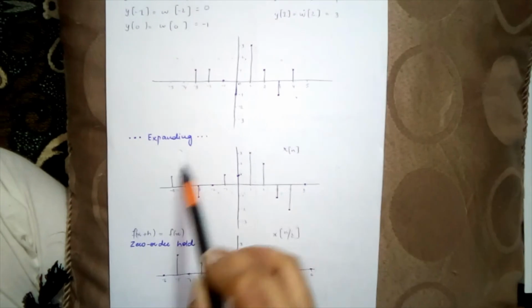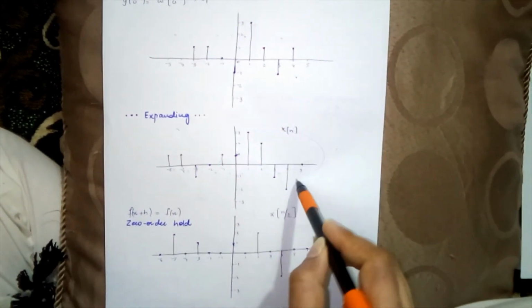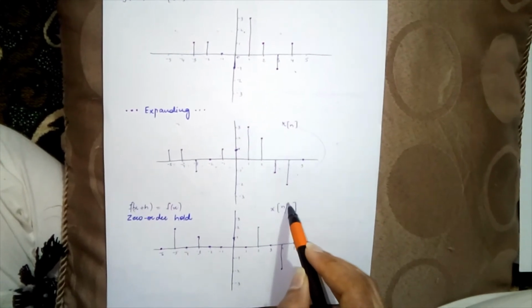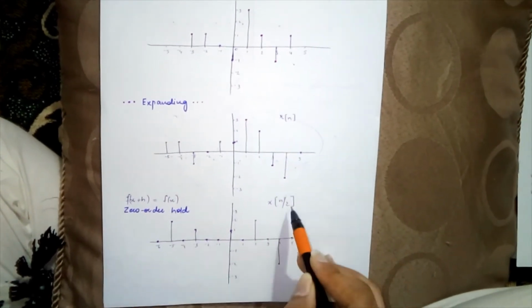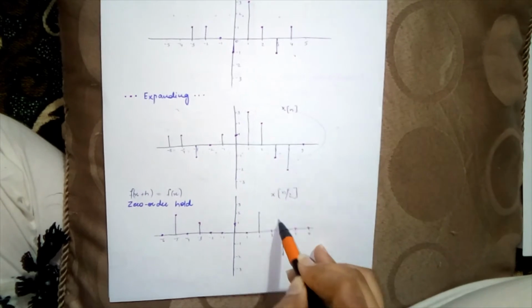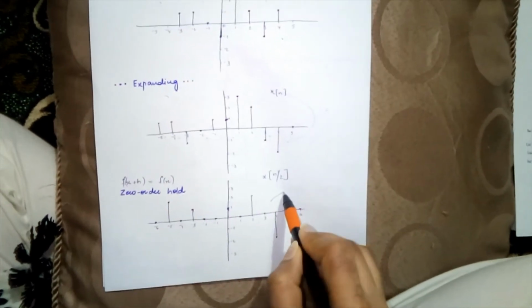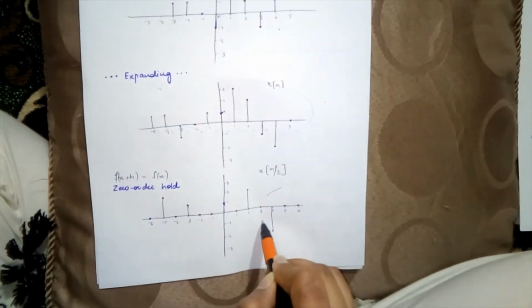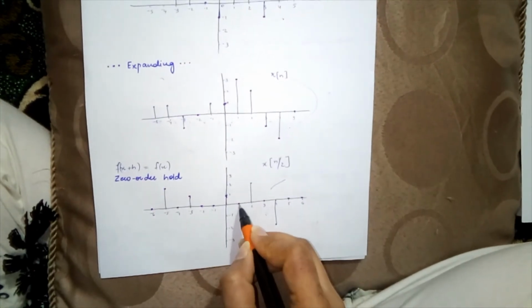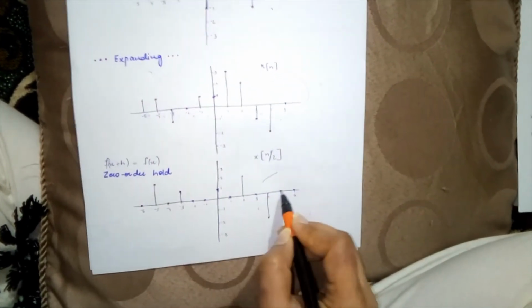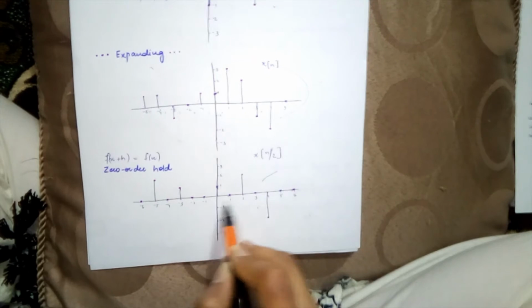As we discussed earlier, this is the original signal, and if we expand it by dividing the argument by 2, this is the signal that we get at the receiver end. We can see that these are the points at which the signal becomes 0.